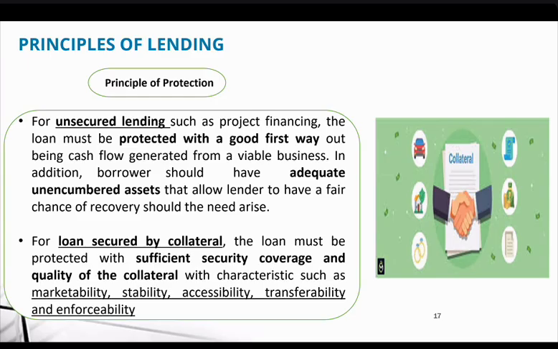Unencumbered means it is free from encumbrances, i.e. not charged, e.g. not charged to a bank.